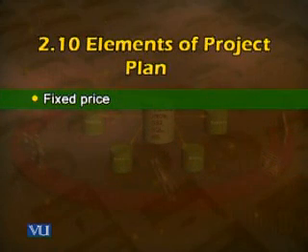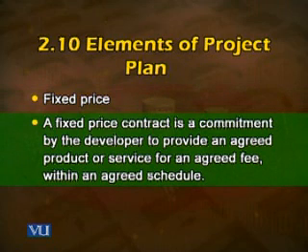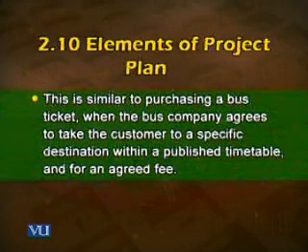The other kind of contract is fixed price. A fixed price contract is a commitment by the developer to provide an agreed product or service for an agreed fee within an agreed schedule. This is similar to purchasing a bus ticket, for example.